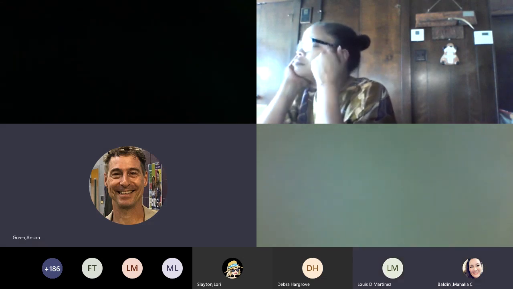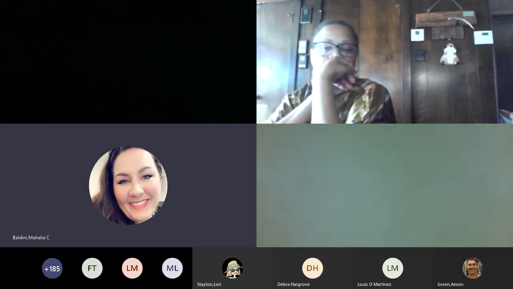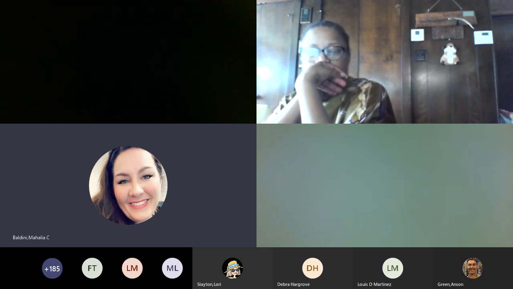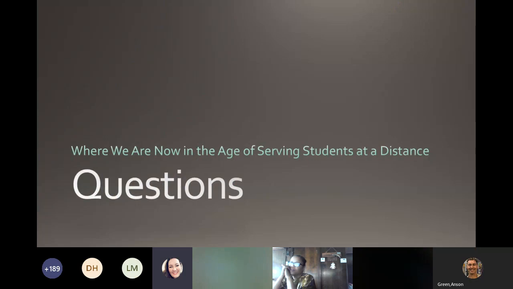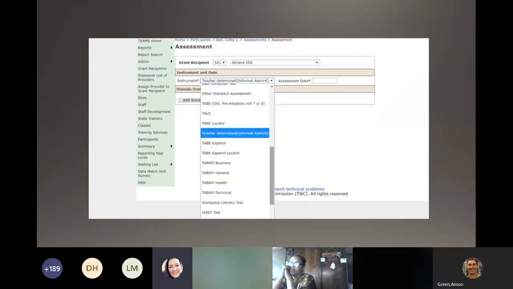So if you choose to use that in a local process, as an option for staff determined eligibility, you can certainly put that into Teams if you want. And you can see here, on your assessment screen, when it asks you to choose an instrument, you're just going to say teacher determined or informal. That's where we're going to ask you to click.